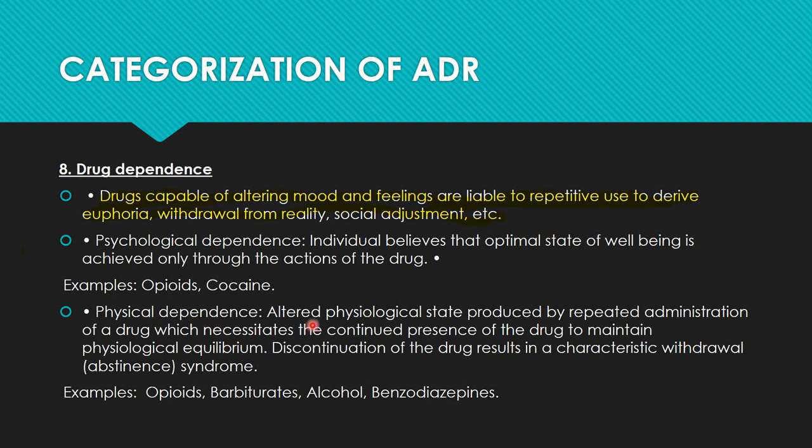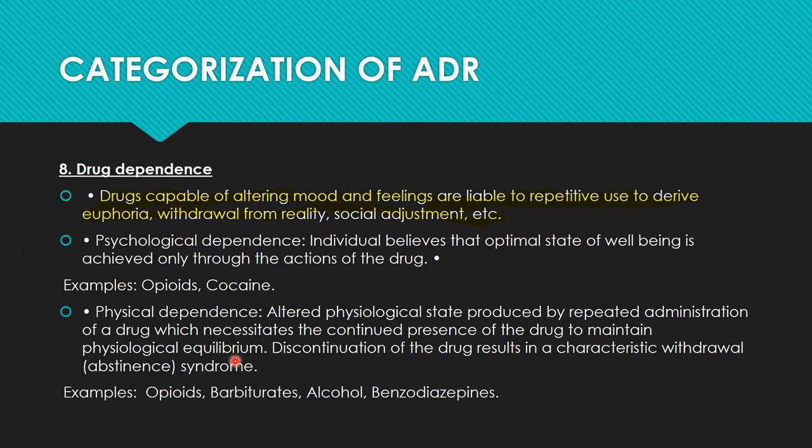Next is physical dependence. What is said is an altered physiological state produced by repetitive administration of a drug, which necessitates the continued presence of the drug to maintain physiological equilibrium. So discontinuation of the drug results in the characteristic withdrawal syndrome or abstinence syndrome.